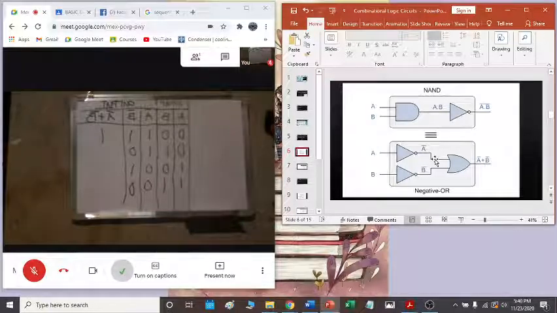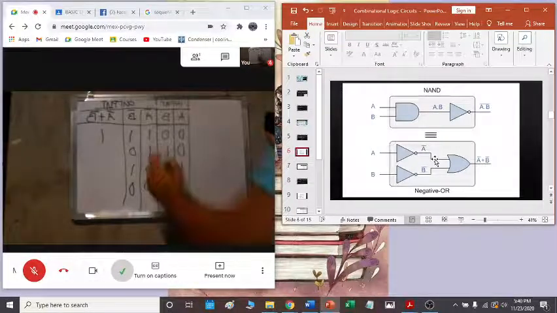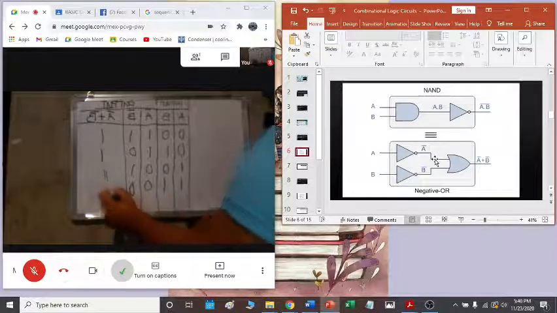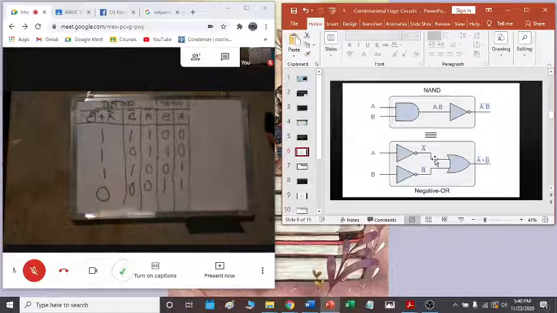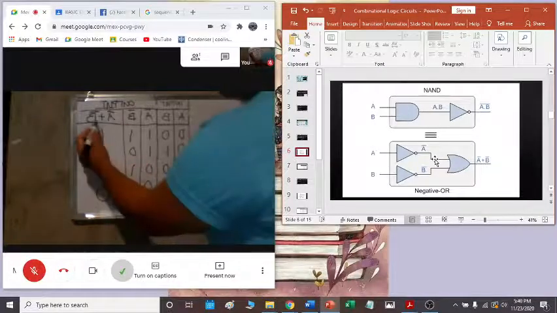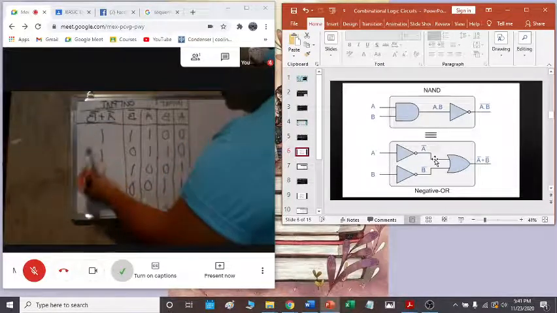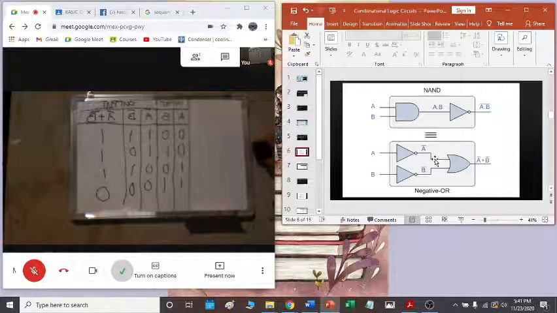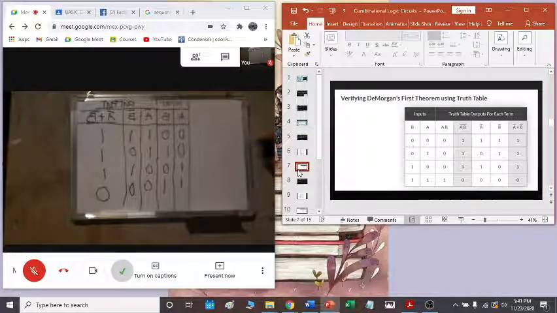So 1 plus 0 is 1, 0 plus 1 is 1, and 0 plus 0 is 0. So the output of A bar plus B bar is 1, 1, 1, 0. This proves the first theorem of De Morgan.